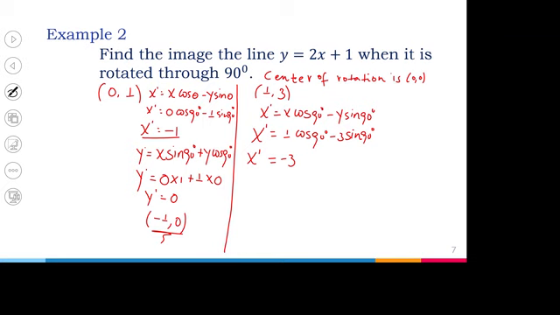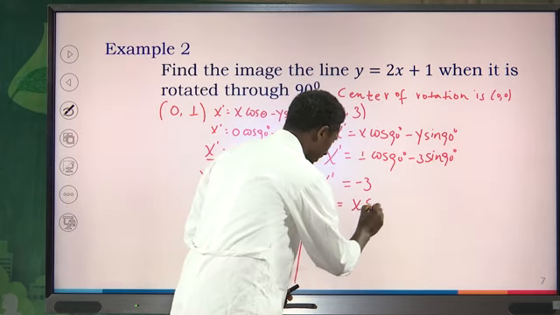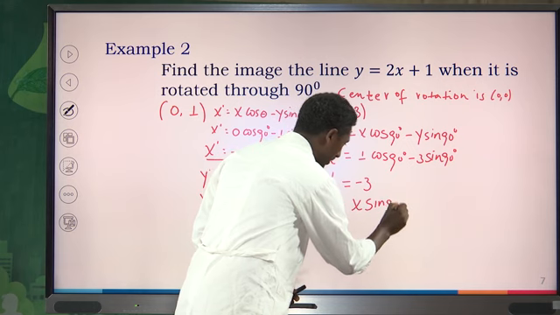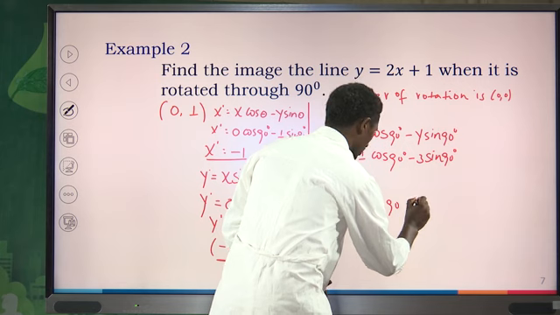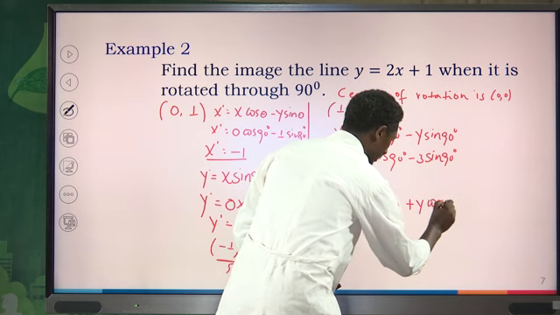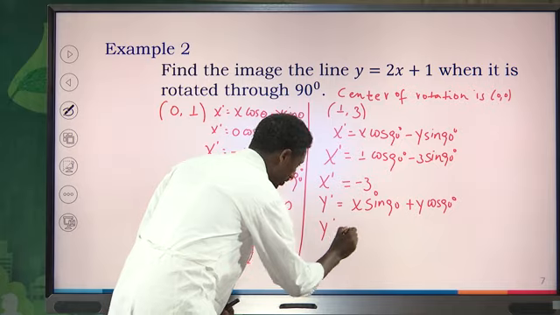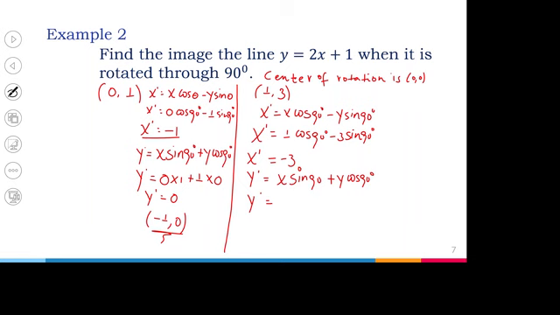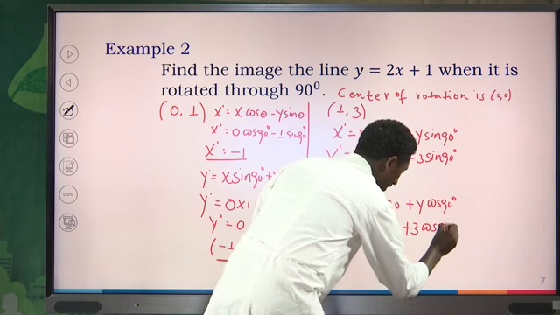And similarly, what is y prime? y prime equals x sine 90 degrees plus y cos 90 degrees. Therefore, y prime equals 1 times sine of 90 degrees plus 3 times cos 90 degrees.